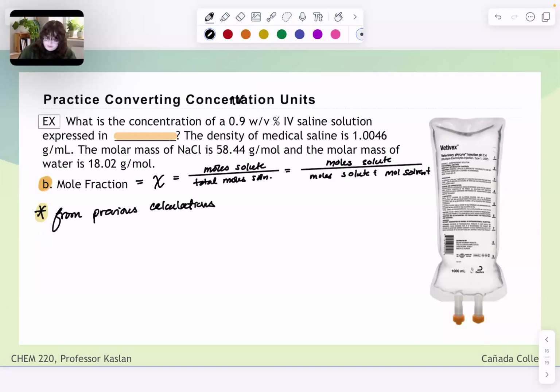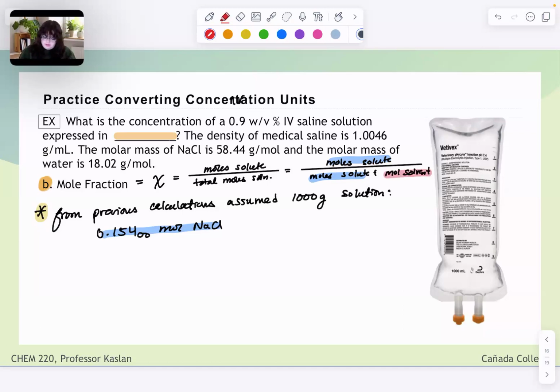So from previous calculations where we assumed 1,000 grams of solution, we knew that we had 0.154 moles of sodium chloride in that 1,000 grams of solution. So we already know a big bulk of what's needed to calculate mole fraction, right? We know the moles of solute, which leaves us with moles solvent.